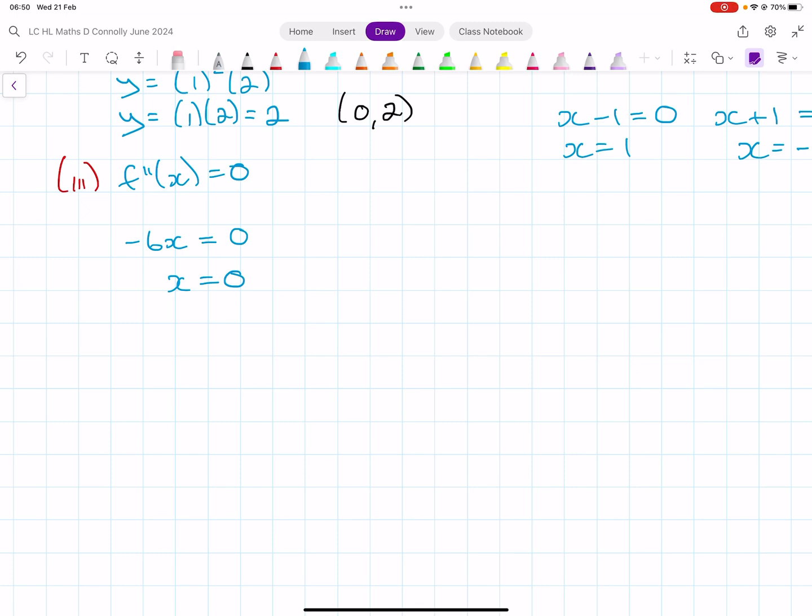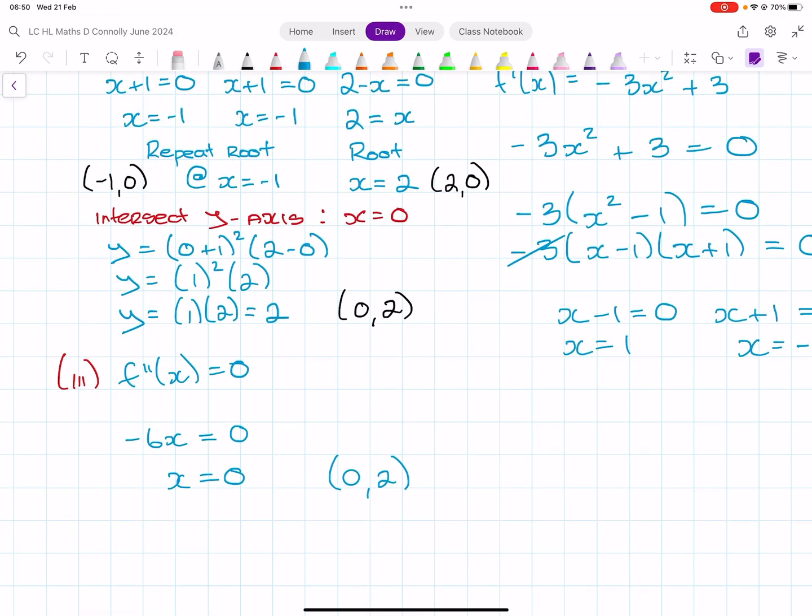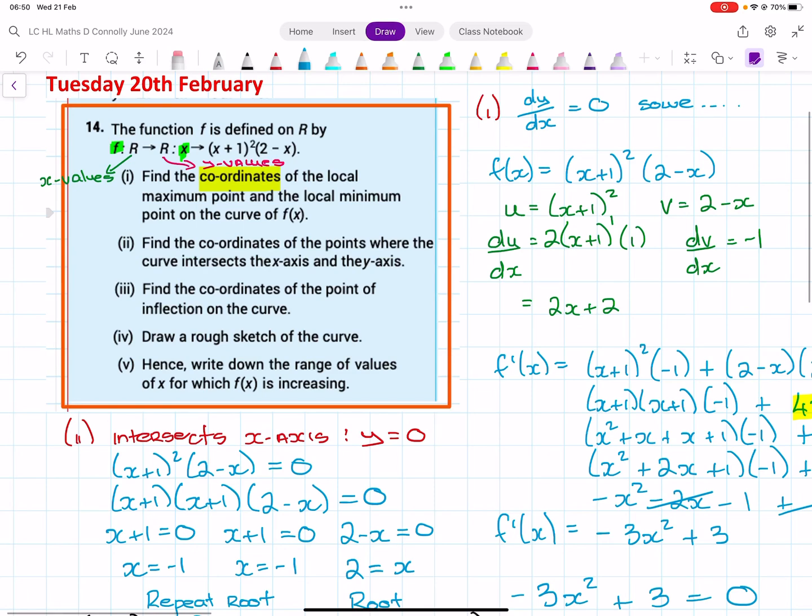And if I sub that back in to y, I'm going to get 0, 2. So the point of inflection is the same as the y-intercept, according to my maths.